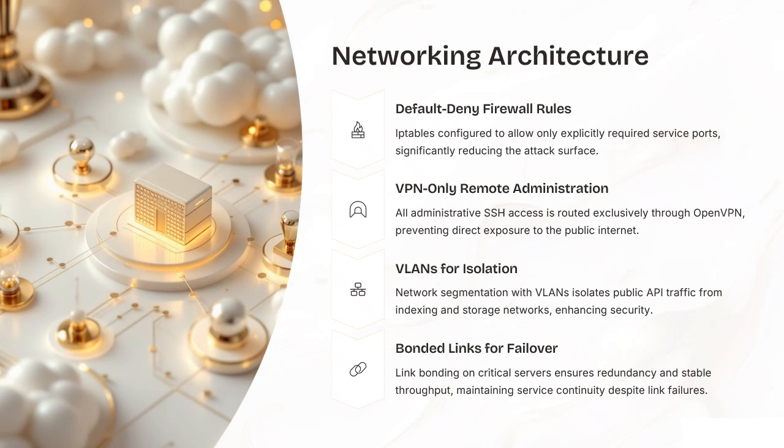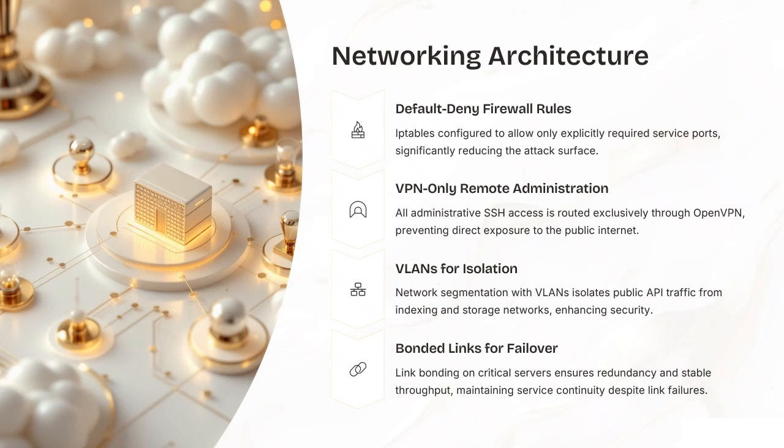For networking architecture, we use a default deny firewall rule, and the idea is to limit exposure while keeping our services reachable and resilient. Our firewall only allows specific service ports that are required.